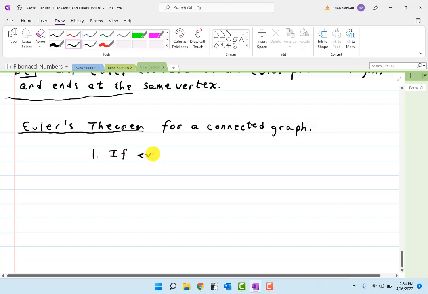If every vertex is even, there is at least one Euler circuit.